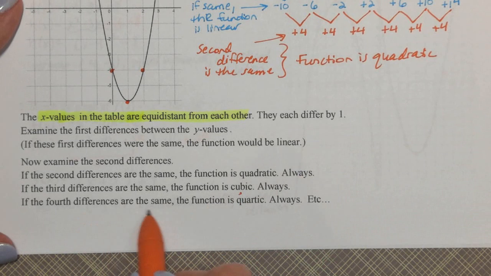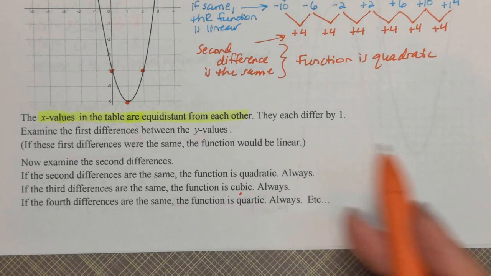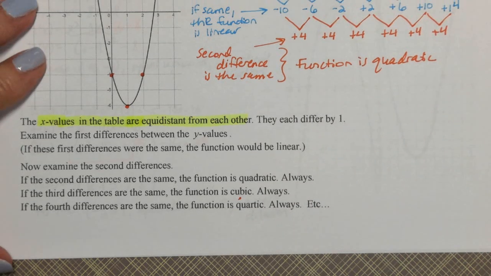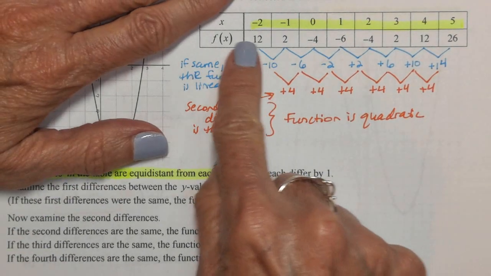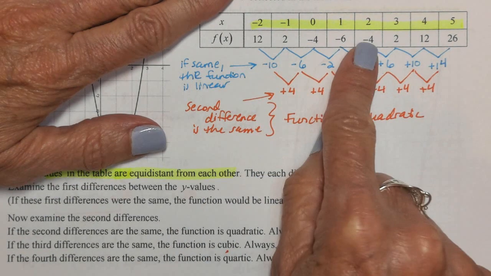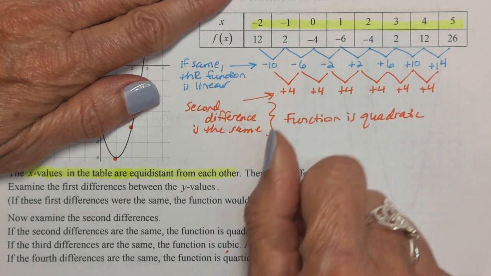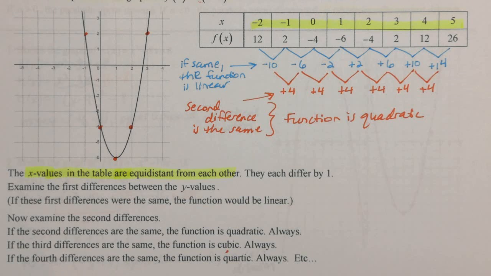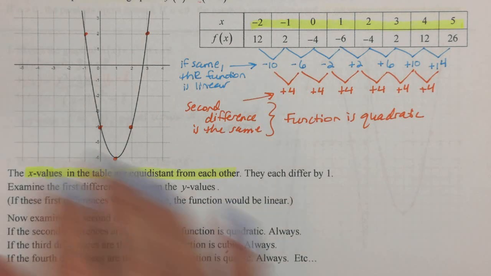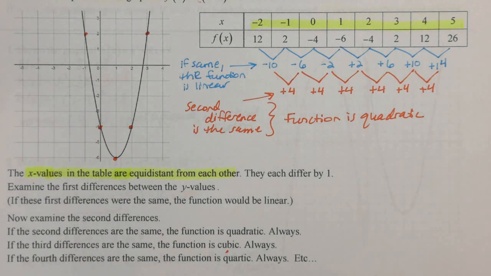If the fourth differences are the same, your function is quartic, etc. So this is how you would determine the degree of a polynomial given only some values, as long as your x values in the table are equidistant from each other. And that is it for our notes on quadratic functions and models.